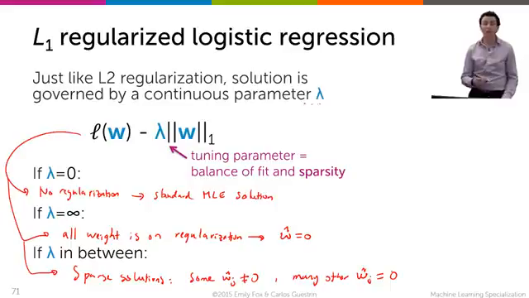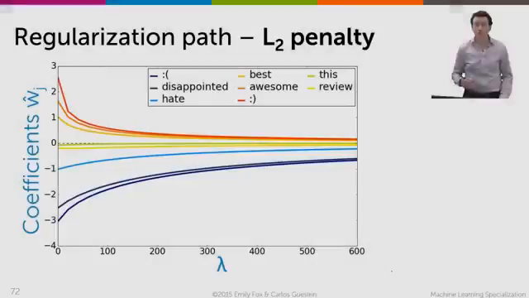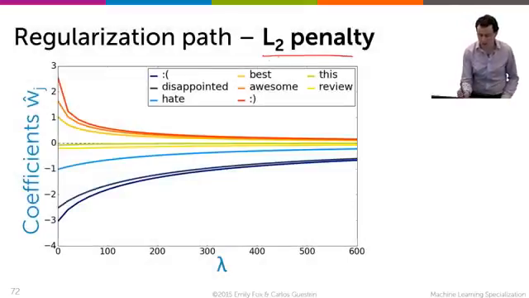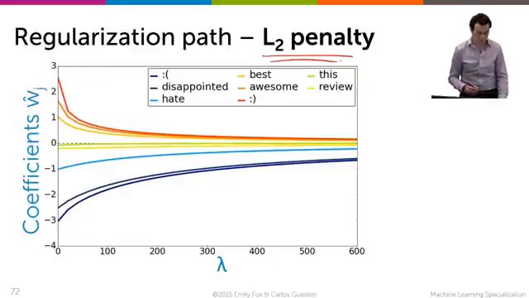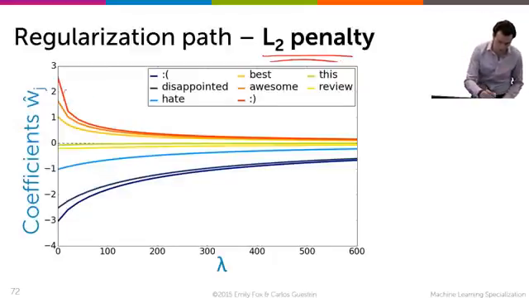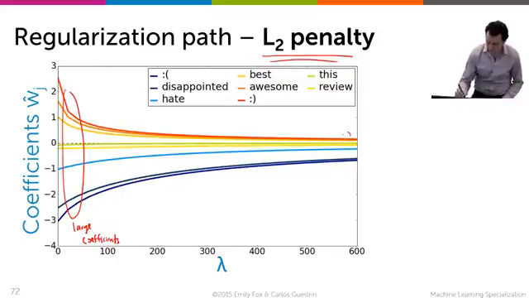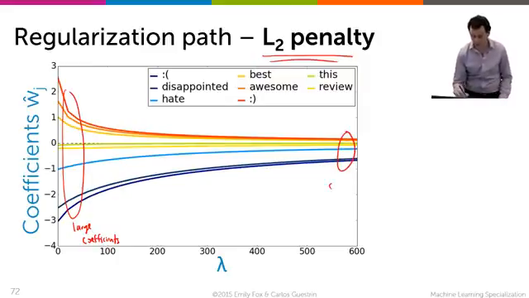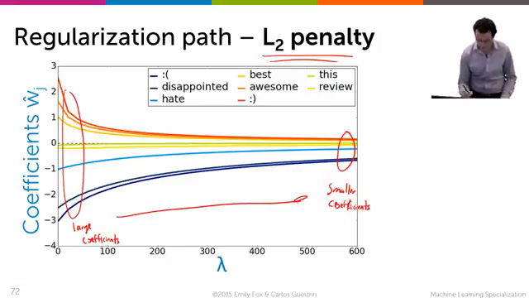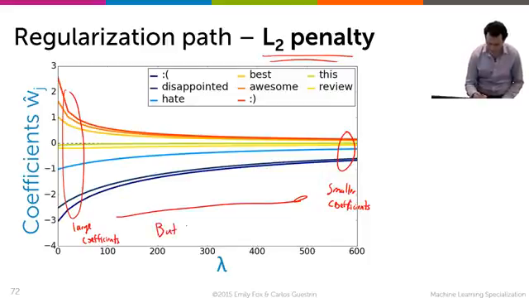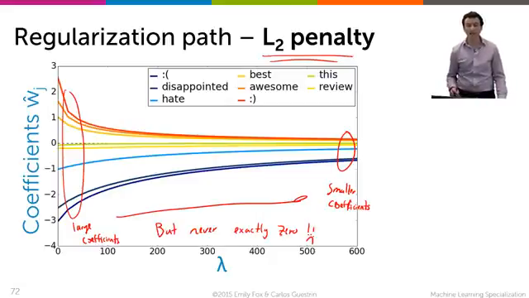That's what we're going to aim for. So let's revisit those coefficient paths, and here I'm showing the coefficient paths with L2 penalty. When the lambda parameter is low, you have large coefficients learned, and when lambda gets larger, you get smaller coefficients. They go from large to small, but they're never exactly 0.